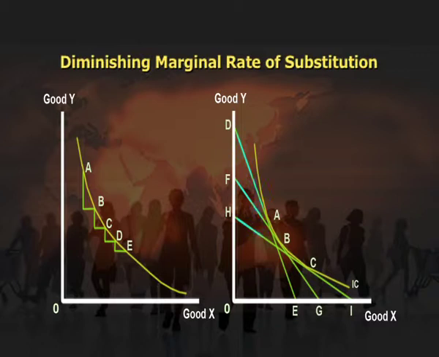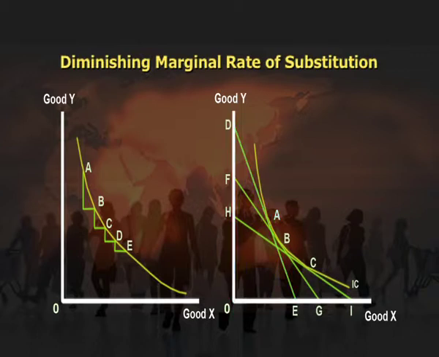In this diagram, three tangents DE, FG and HI are drawn at points A, B and C respectively on the given indifference curve. The slope of tangent DE is equal to OD divided by OE. Hence, the marginal rate of substitution of X for Y at point A is equal to OD divided by OE.